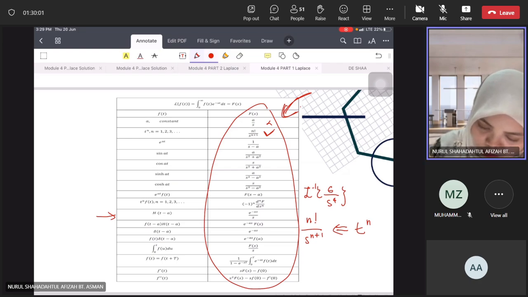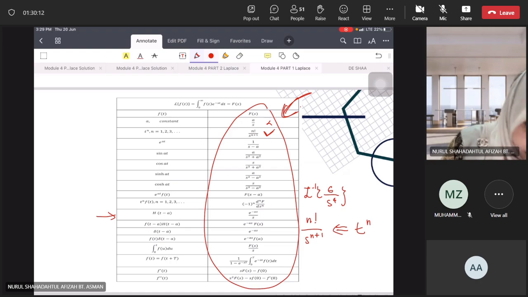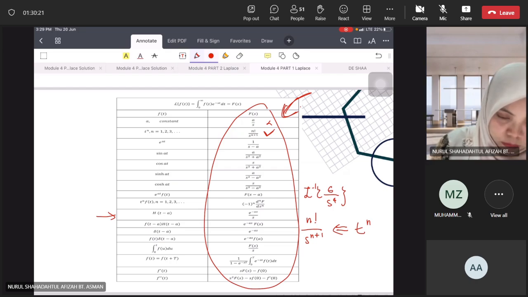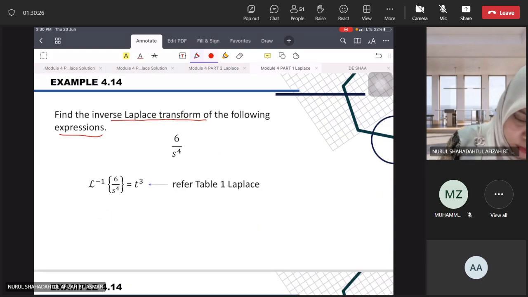So if you get, you find this variable n is plus 1. And then this one. Yeah.